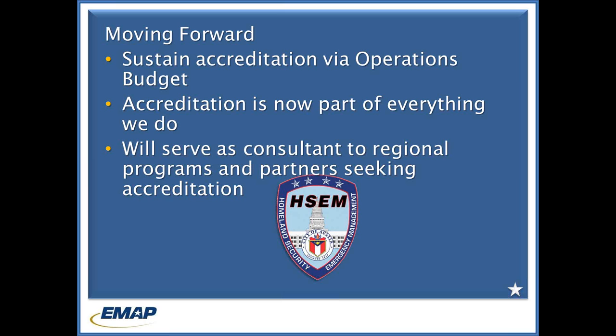All of these systems that we put in place, all of the documentation, making sure that we have folders to put information about meetings and sign-in sheets and all that stuff, we do that on a daily basis. And we have also told our region that we will consult with anybody in our region that wants to become accredited. We will assist them in the process to become accredited. Next slide.